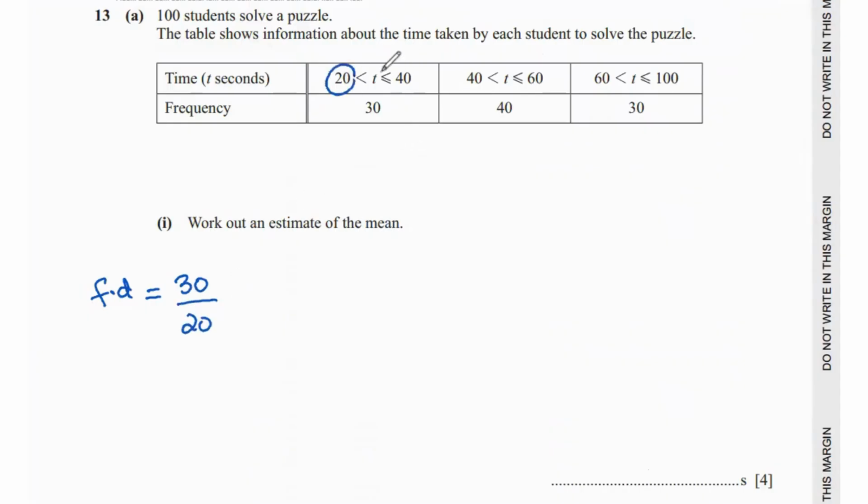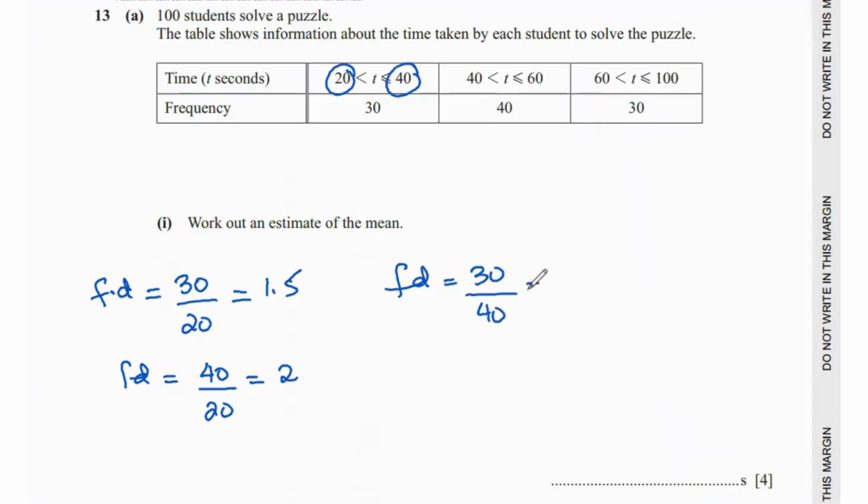Class width is the difference between your maximum and minimum value of the range. So that's 1.5. Then 40 over 20, that's 2. And lastly, 30 over 40, which is 0.75.